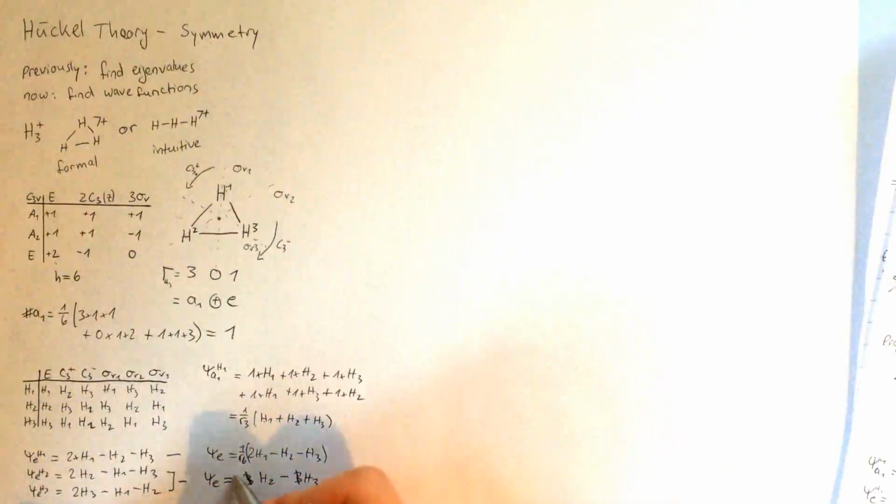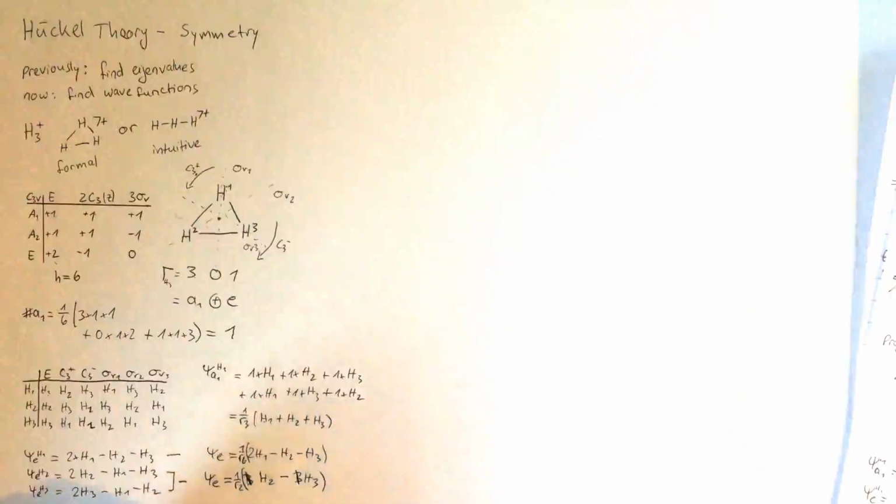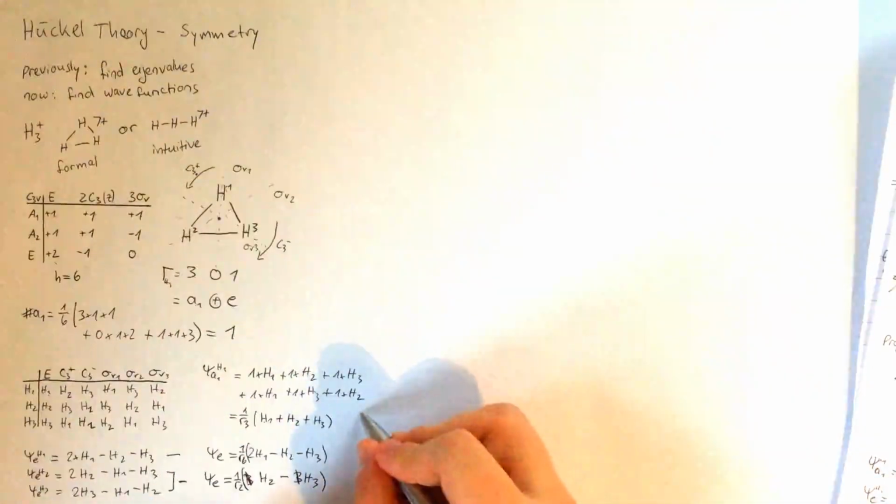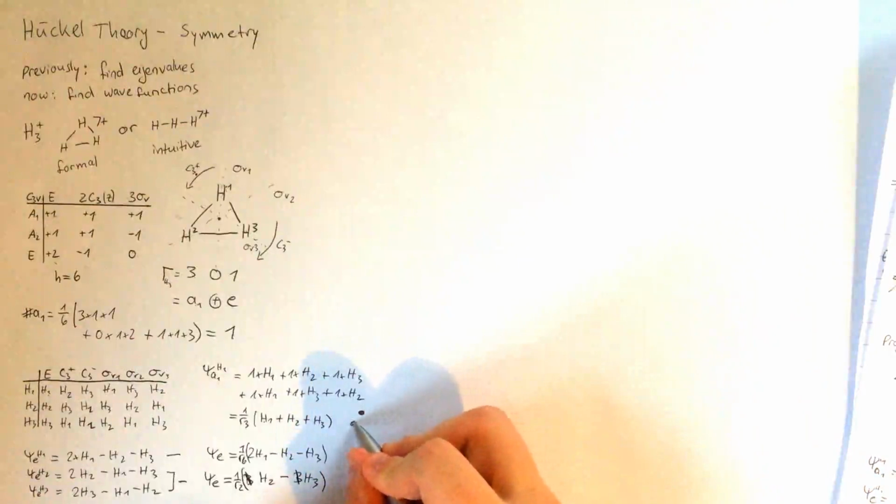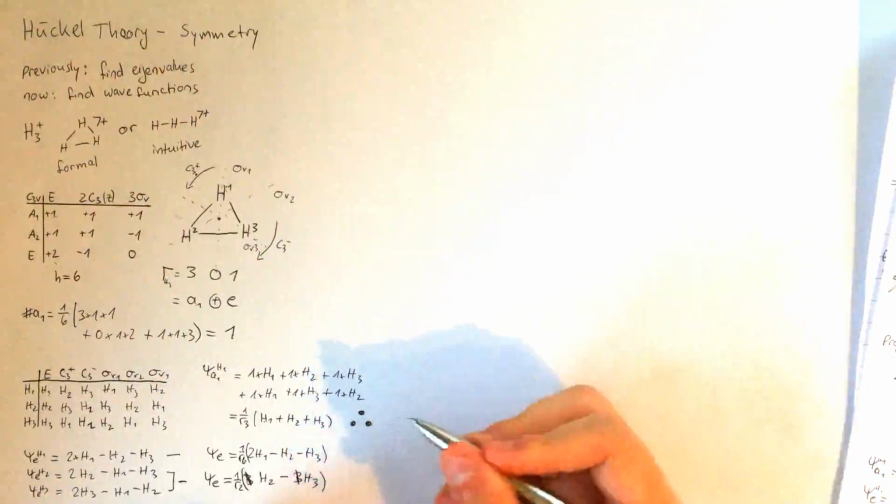and a factor of 1 over root 2 here. Again, this is just for normalization. So now, I have all the wave functions, and if I were to draw them, A1 looks like this, all of them being in phase.